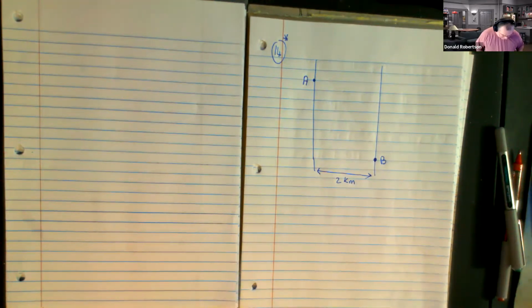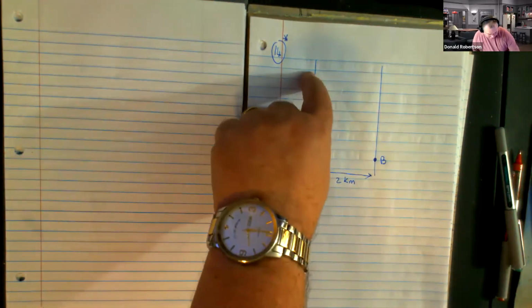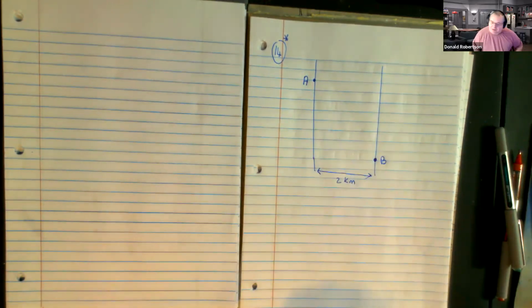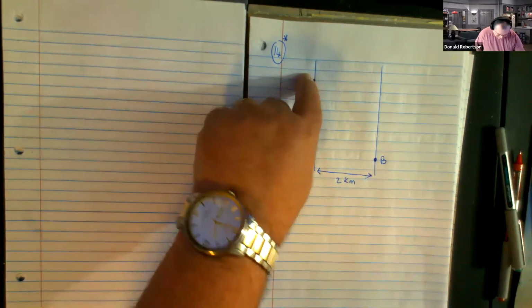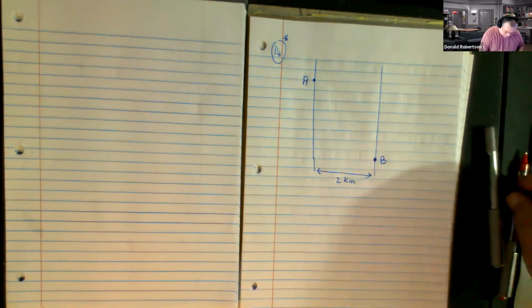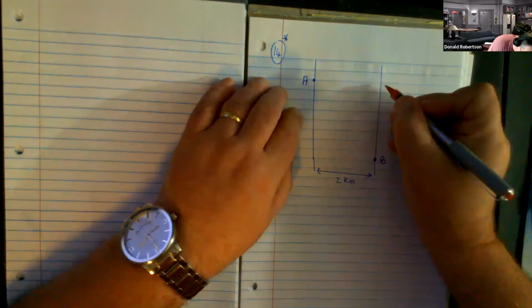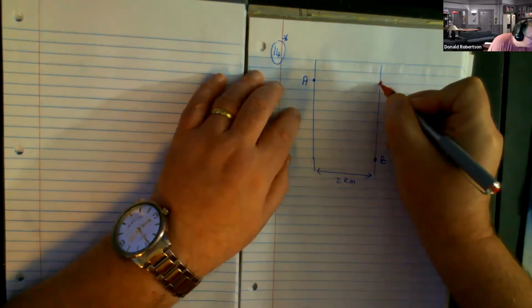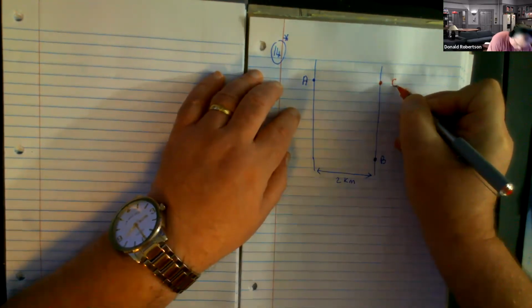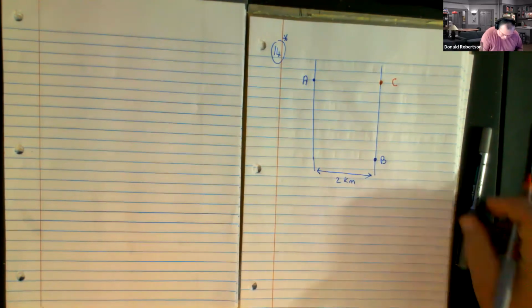And for no reason I can think of, instead of him just walking down here and swimming right across, he wants to start here and finish here. Now, he has a point directly across from him called C.